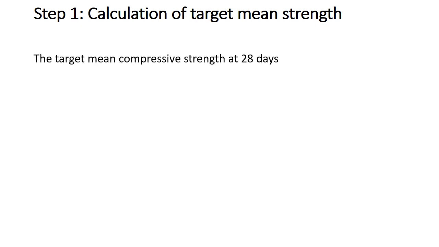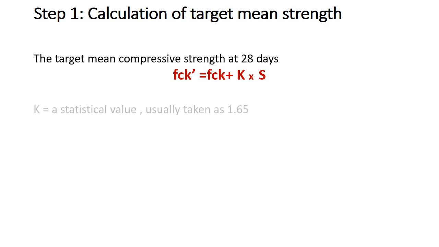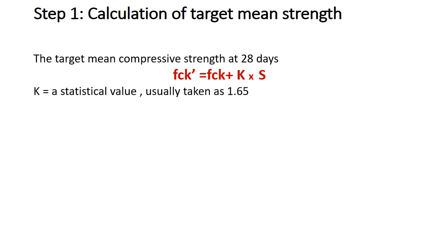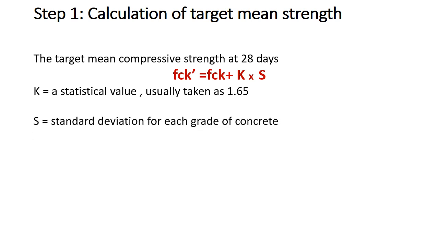Normally the target mean strength is calculated from the compressive strength at 28 days. So f'ck is equal to fck plus k into s. K is a statistical value, usually taken as 1.65. S is the standard deviation for each grade of concrete, taken from table number 1 of IS 10262 2009.